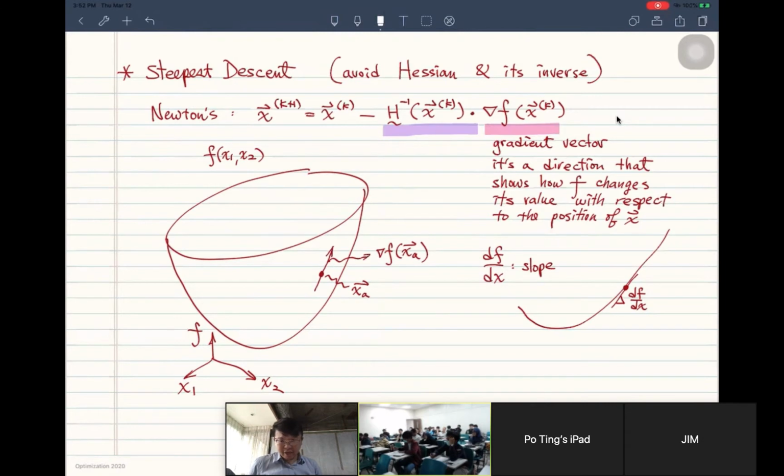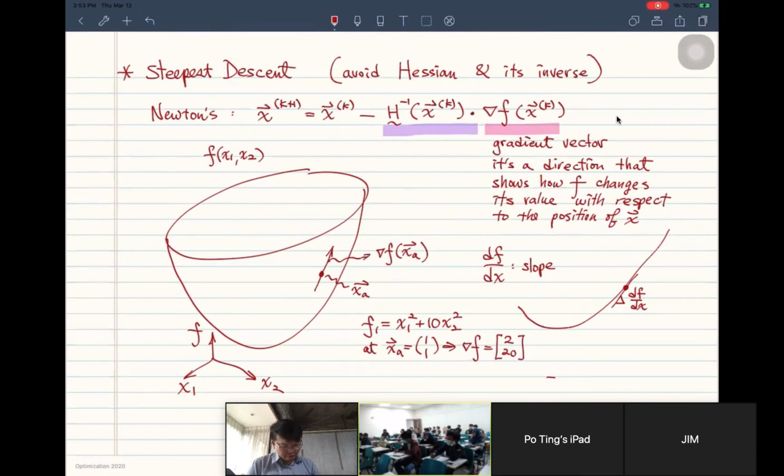So if you cannot imagine this, you can look at, let's say, f equals x1 squared plus 10 x2 squared. Okay, so at some point xa equals (1, 1), what is the gradient of f? Basically it is 2x, 20x, so it's (2, 20).